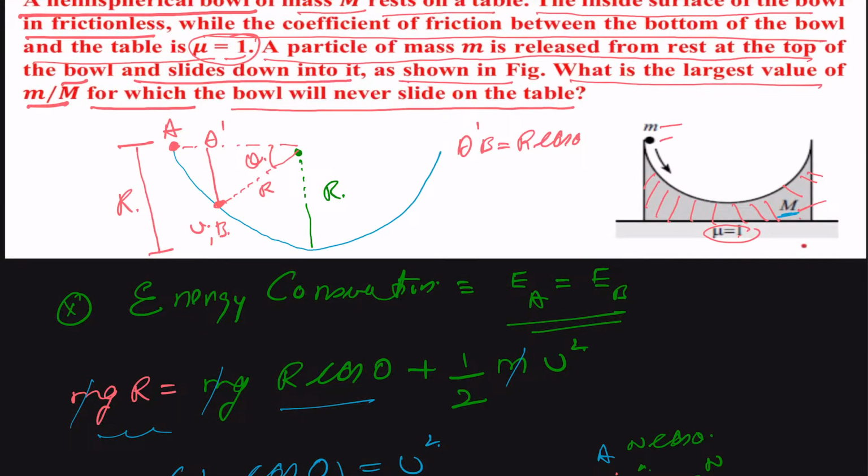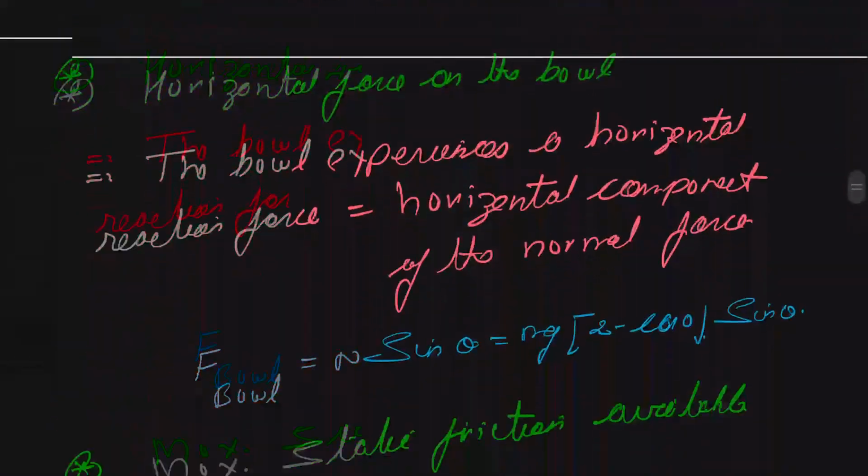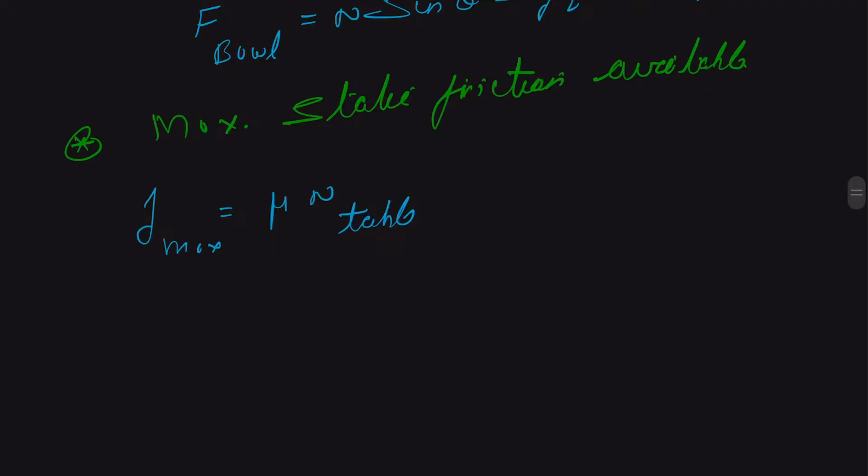So we have M as well as small m. In the downward direction we are going to have (M plus m) times g, and we are going to have a normal from the table. So the normal from the table will be equal to (M plus small m) times g.